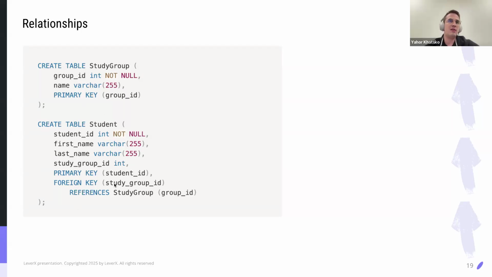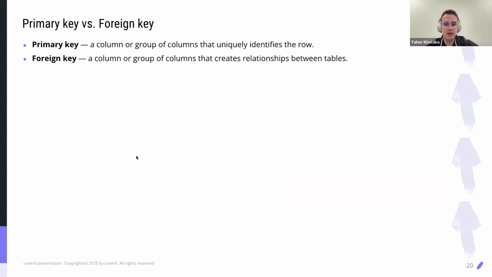And that's how you define the primary key and foreign key. The primary key is the unique identifier of a row in the table, and a foreign key is just a field that contains a value pointing to the primary key of another table. So it's used to establish these relations between the tables.